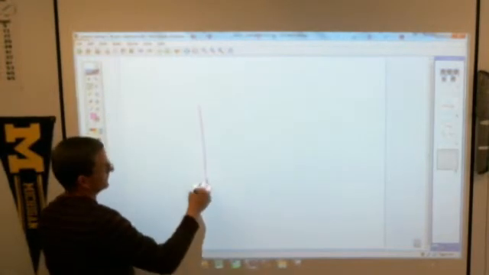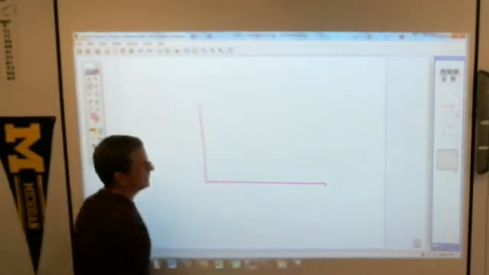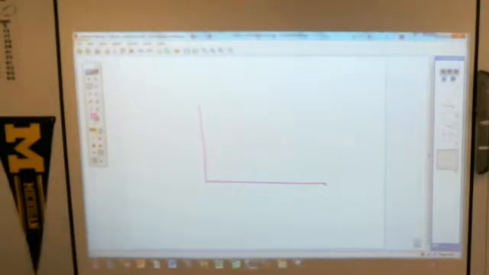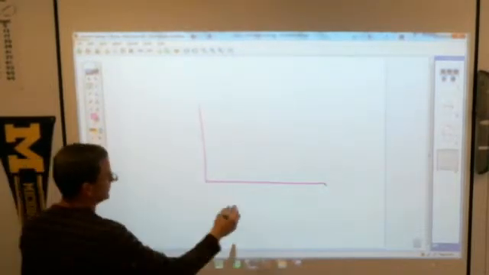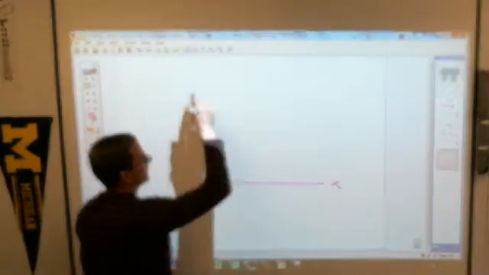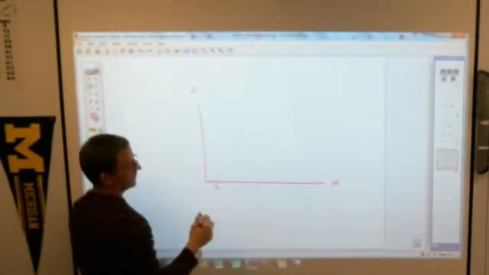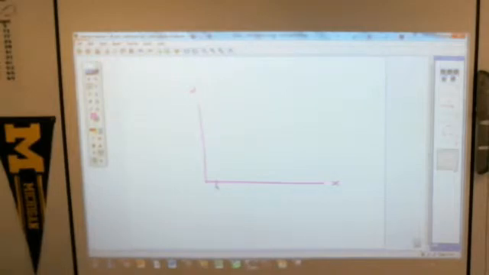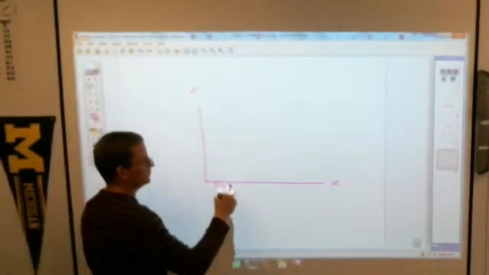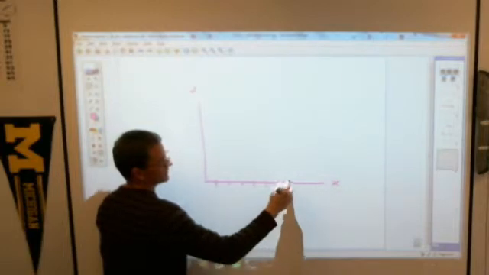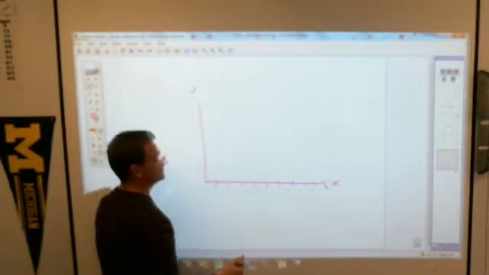Here's the gist. Here's your x line, here's your y line. X starts at 1, and the y values keep going up to 85. I'm going to have to change my scale. X goes 1, 2, 3, 4, 5, 6, 7, 8, 9, 10.